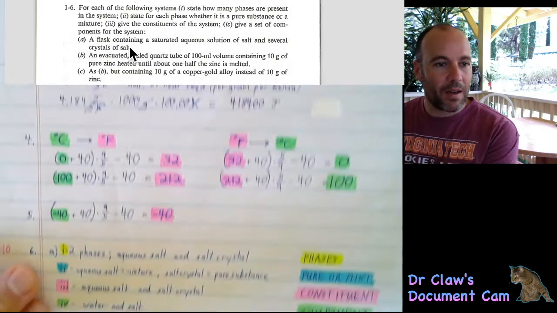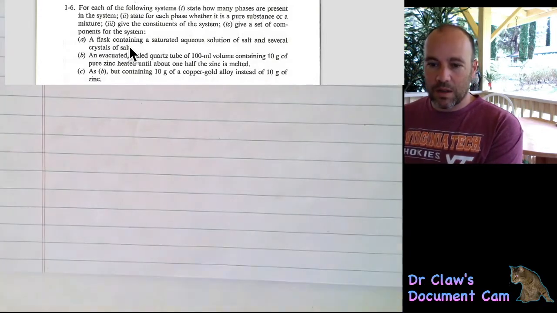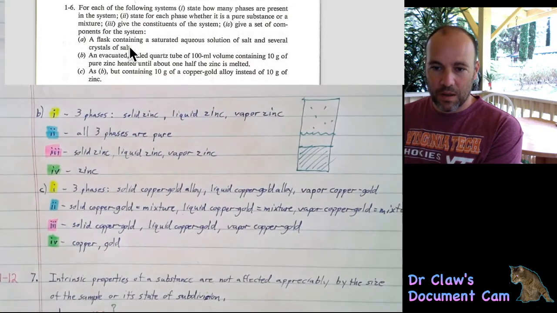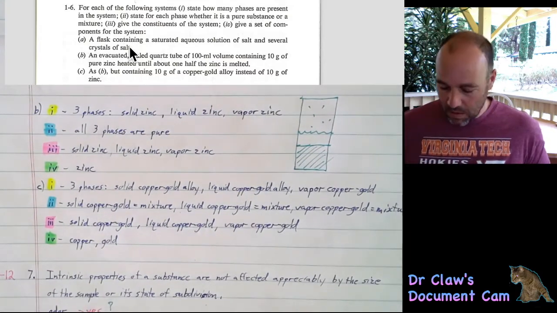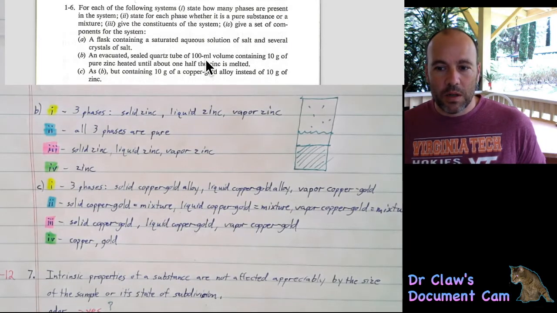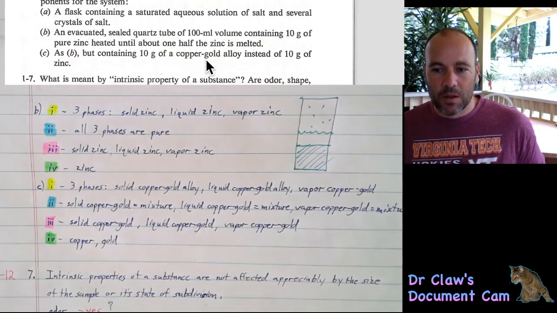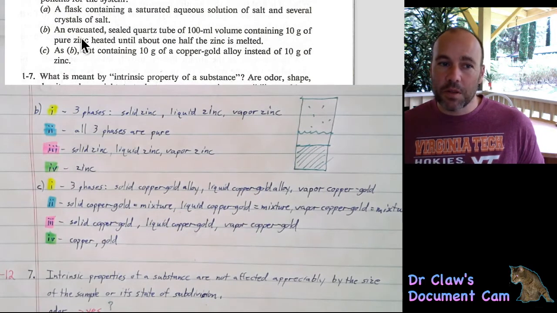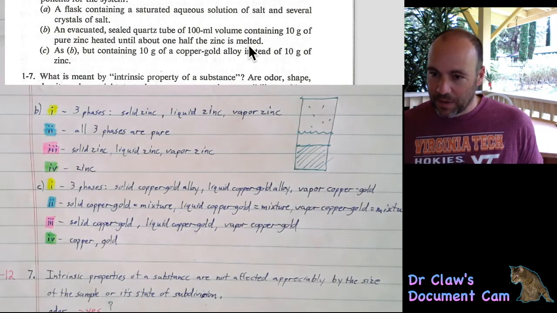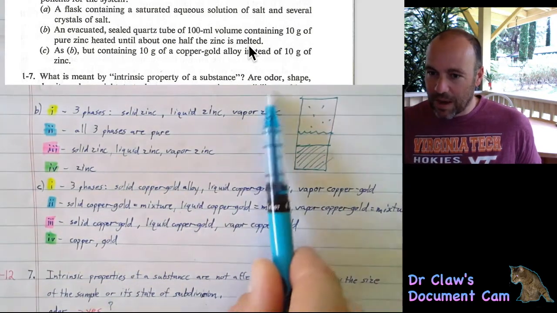For B, we have an evacuated sealed quartz tube of 100 milliliters volume containing 10 grams of pure zinc heated until about half the zinc is melted. So imagine some evacuated tube.